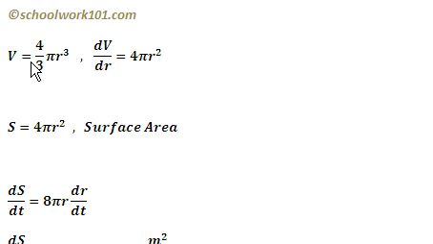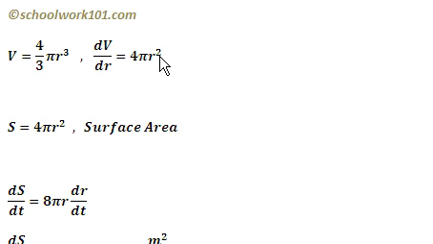All right. I started with the volume here. And remember, we were looking for dS over dt. But I just wanted to show you something here. I took the derivative of the volume with respect to r, which is dV over dr, and that's going to be 4 pi r squared.